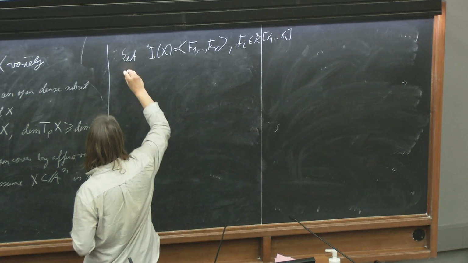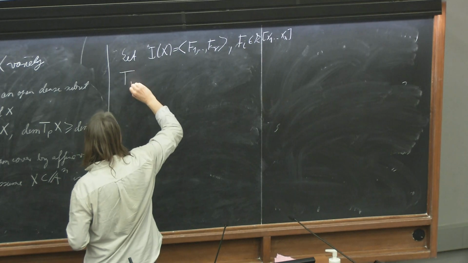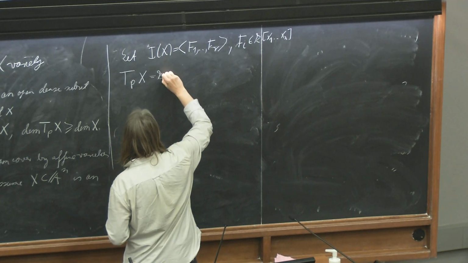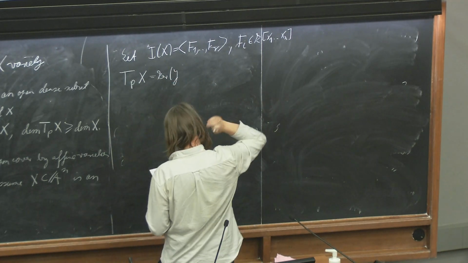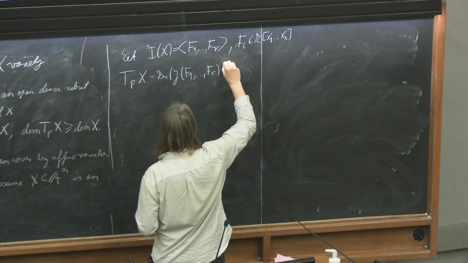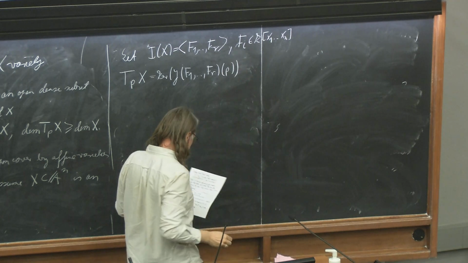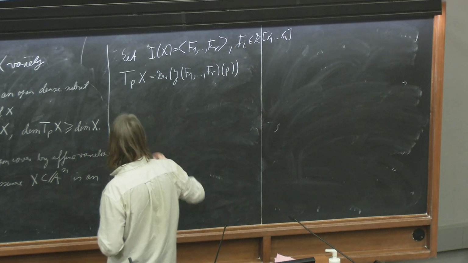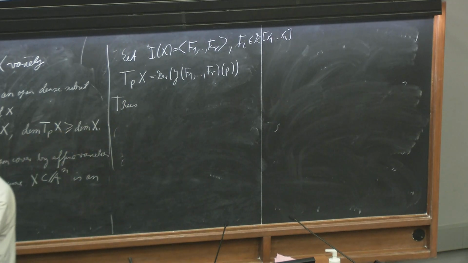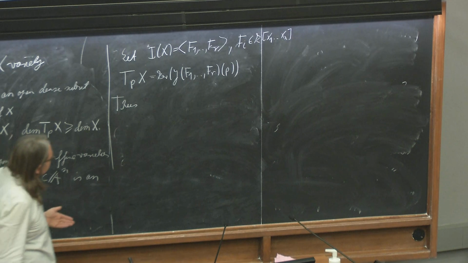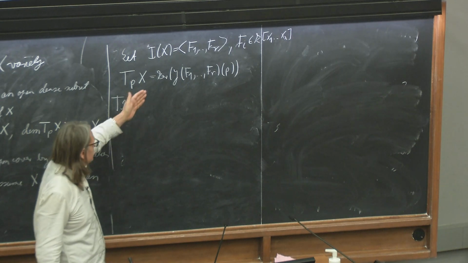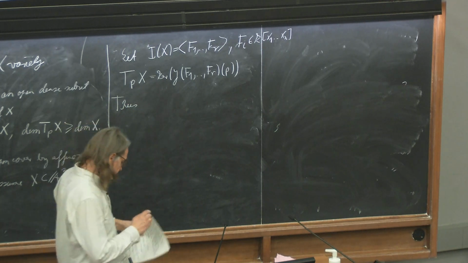And we had just seen that the tangent space of X at p is the kernel of the Jacobian of f1 to fr at p. Thus the dimension of the kernel is bigger if the matrix drops rank, and so this actually is a closed condition.